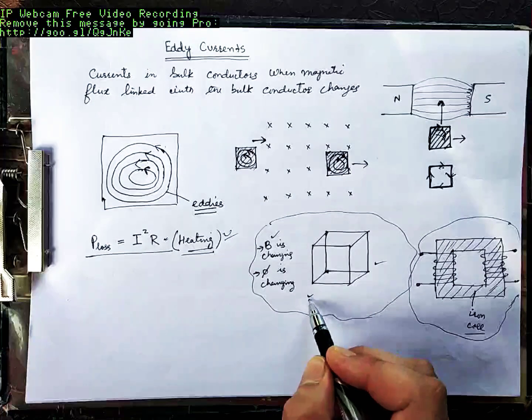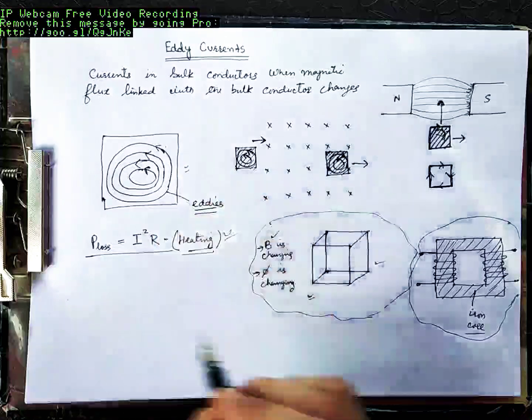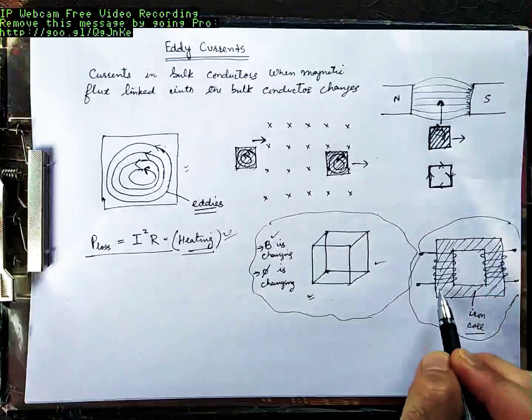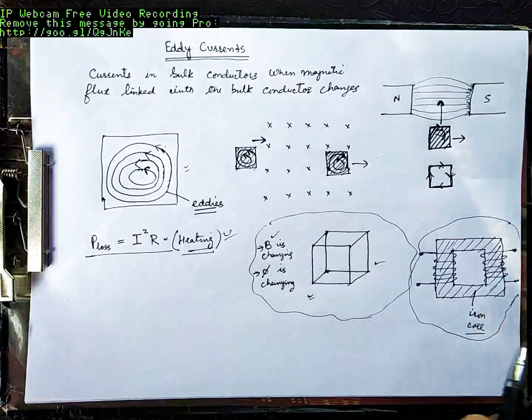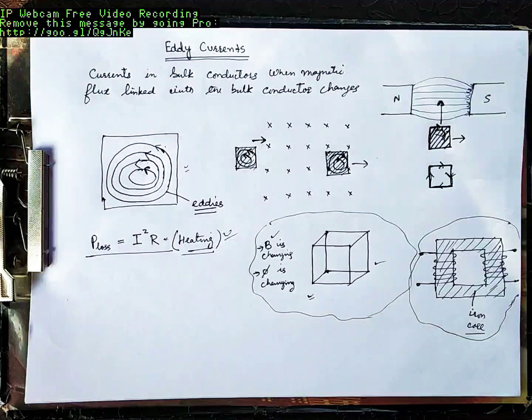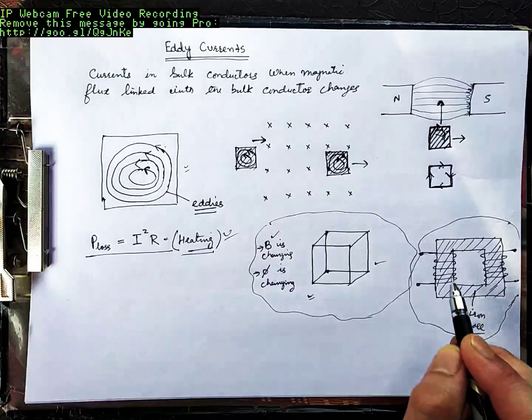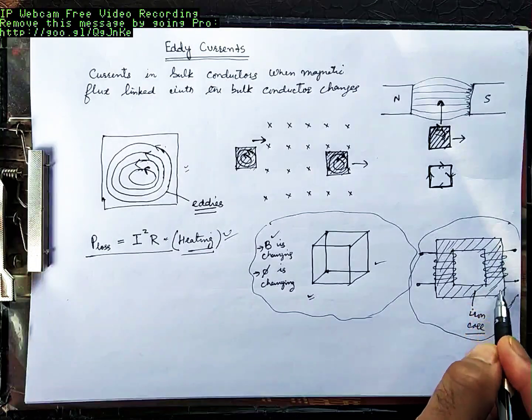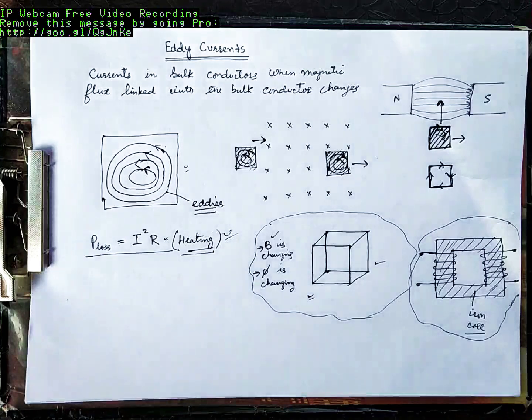We already studied here and here: whenever you have a solid material, here a solid iron core, inside a changing magnetic field, eddy currents are induced in this solid iron core.